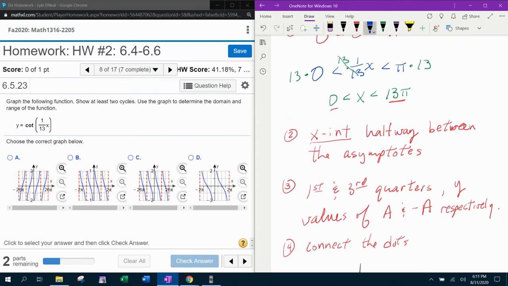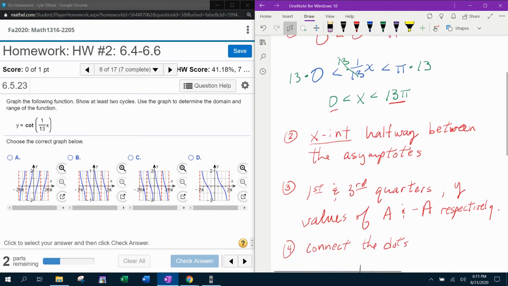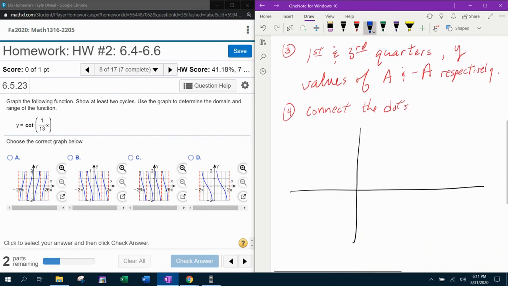So we're going to say right here that our first asymptote is going to be at 0, and the very next asymptote will be at 13 pi. So if I lay that out with red, we're going to have an asymptote at 0, and then somewhere over here at 13 pi, we'll have another asymptote.